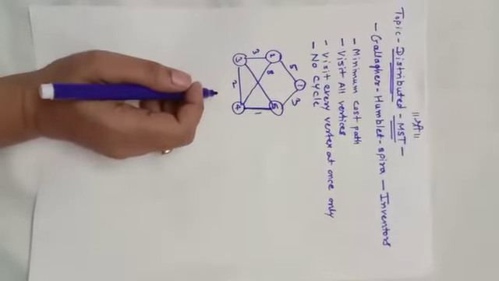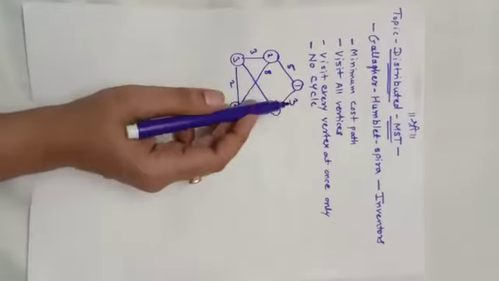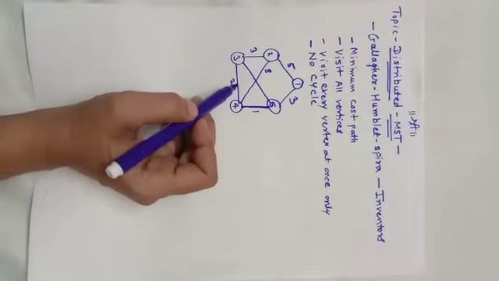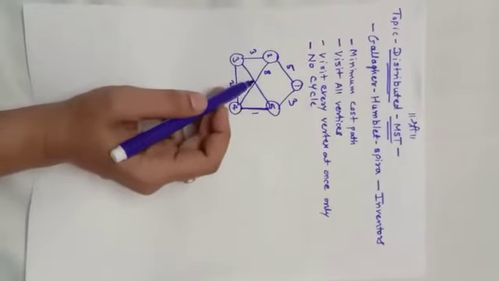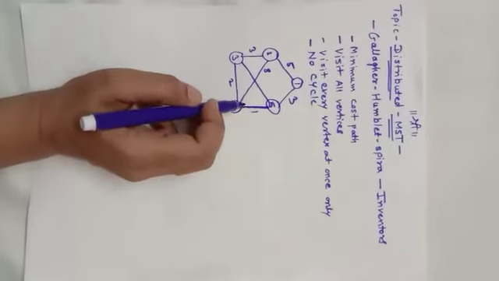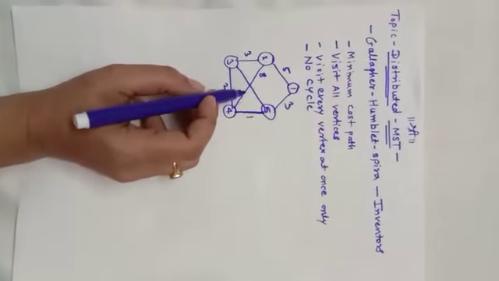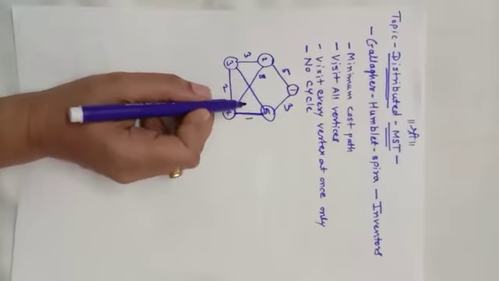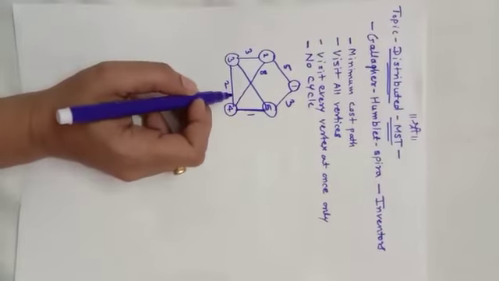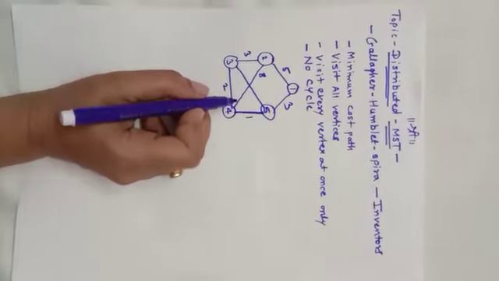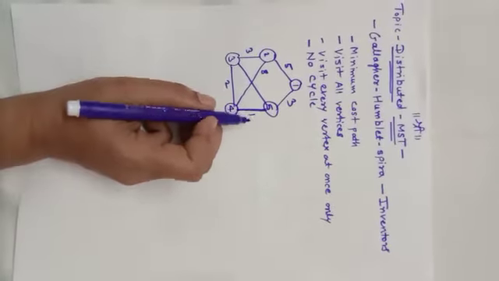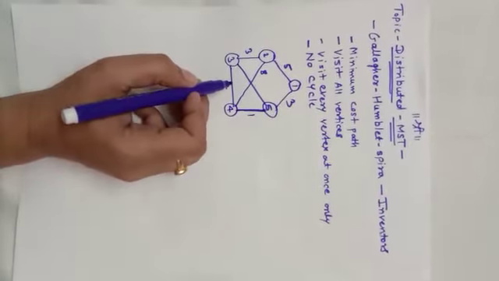Here, let us consider one example. Let us consider this as a graph. In this graph, these are the weights of the respective edges. Let us consider this as the input. What I require is to find the minimum spanning tree from this graph. For finding the MST, there are two ways to find the minimum spanning tree from this graph.